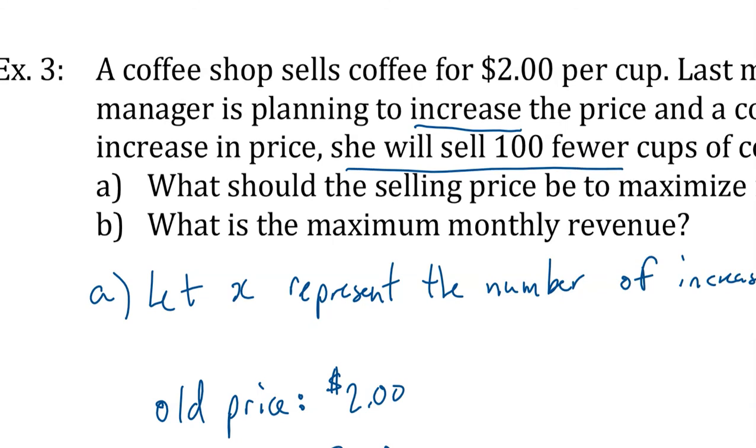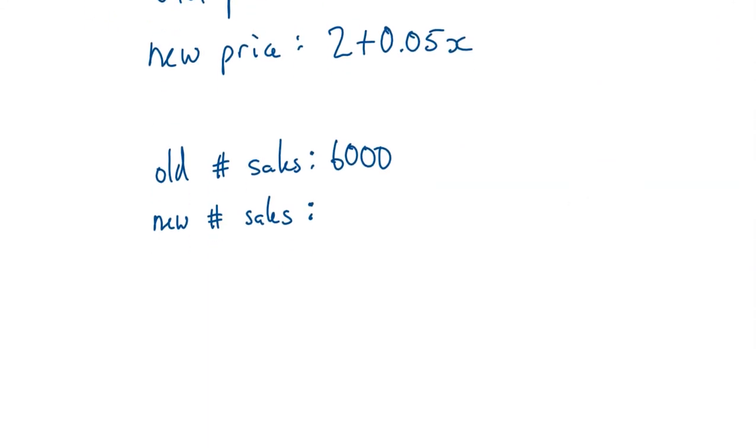The sales is going down because it's more expensive. So it starts at 6,000, but it's going down, so I need to subtract. And for every increase, which is X, it's going down by 100. So what am I subtracting?